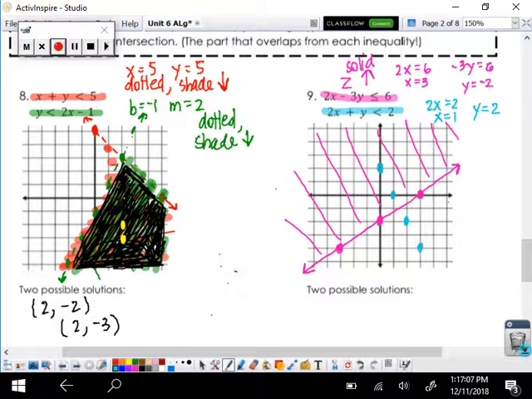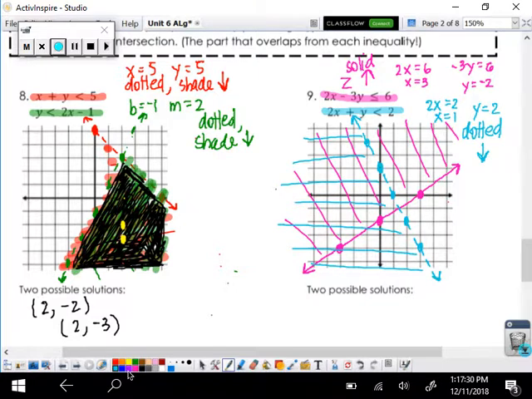You can use that to draw a couple more points. This is going to be dotted, and we are going to shade below because we have less than. So dot, shading below the whole entire line.